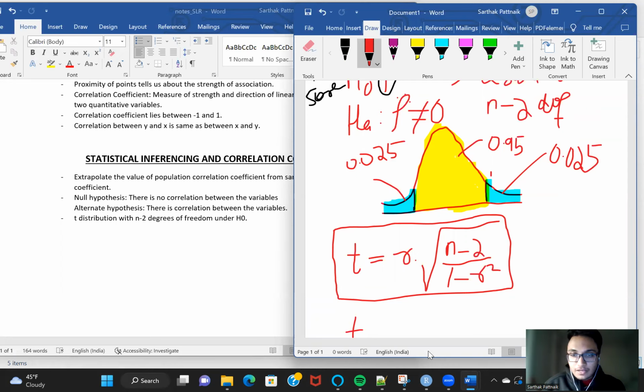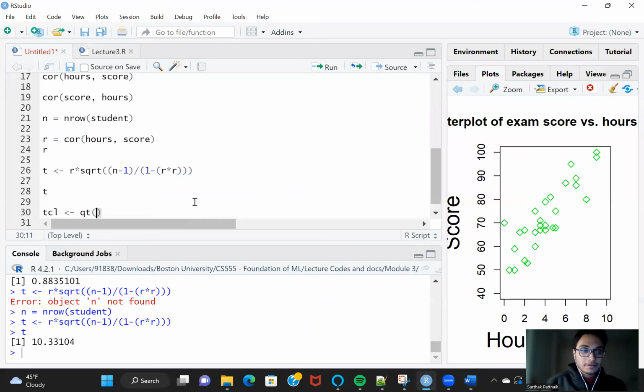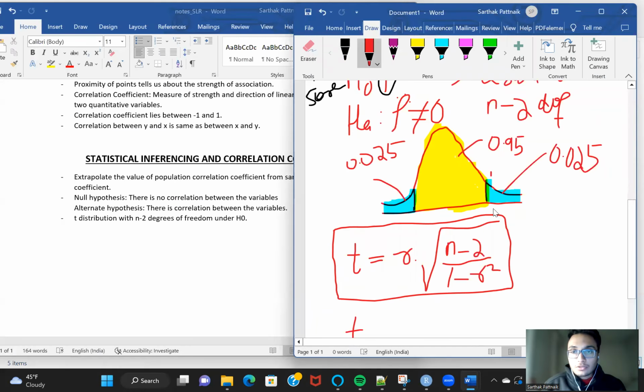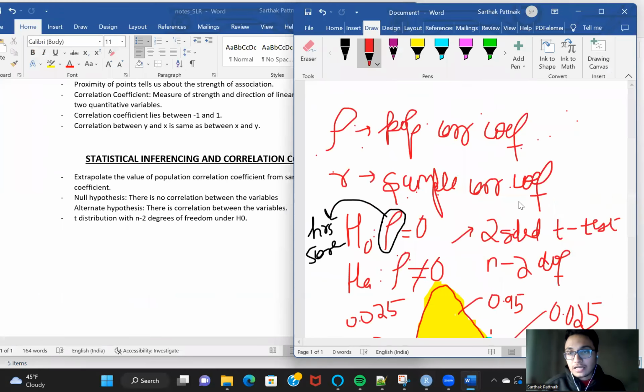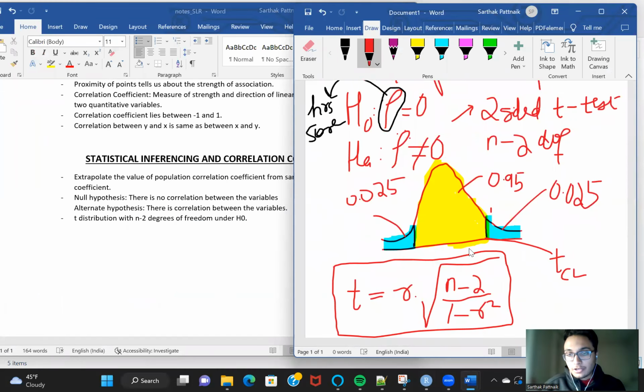This is 0.975. So my area to the left of t critical is 0.95 plus 0.025, which is 0.975. N minus 2 is my degree of freedom. So as I said before, this is a two-sided t-test with n minus 2 degrees of freedom.